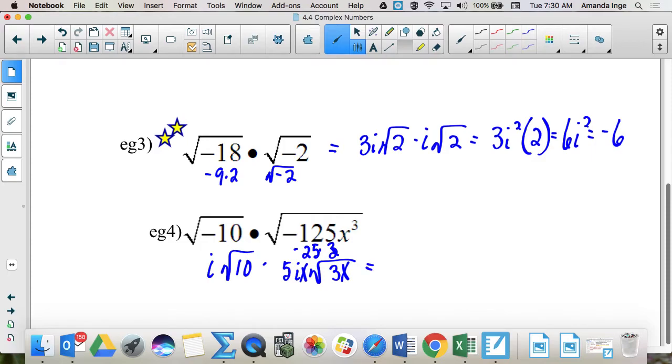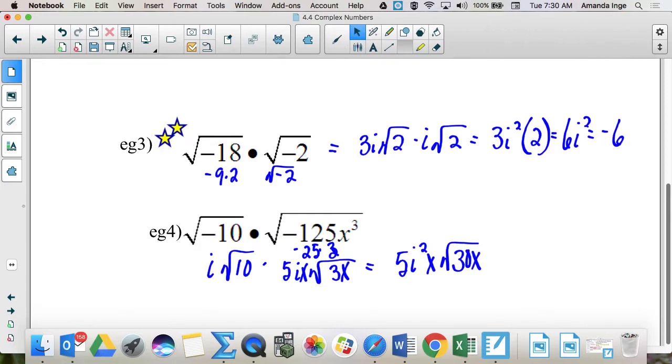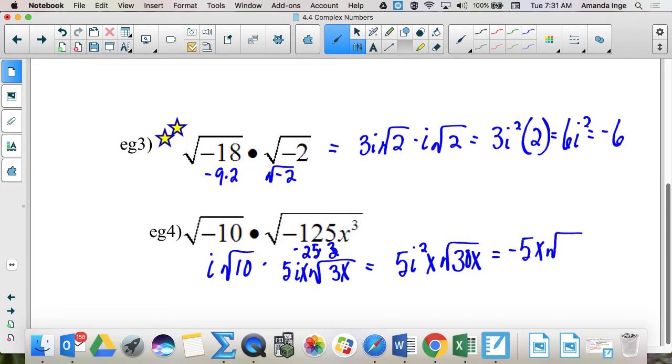We multiply these together, we get 5i squared x times the square root of 30x. We can't simplify 30x, so we leave it like it is, but i squared is equal to what? i squared is equal to -1, so negative 5x square root of 30x.